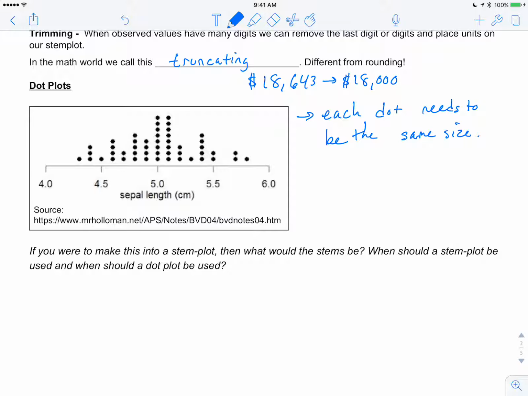So we might try and hide them within the graph and still say that they're there. They have to be equally spaced too. Again, for the obvious reason that someone will try and take advantage of that. Got to keep all the dot plots fair for people looking at them. And then lastly, you need a number line underneath.